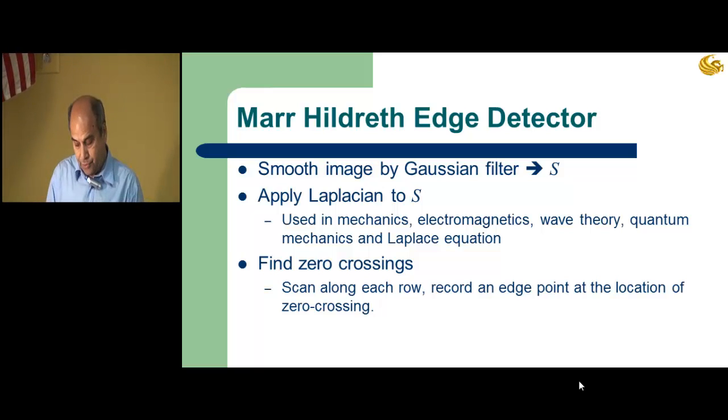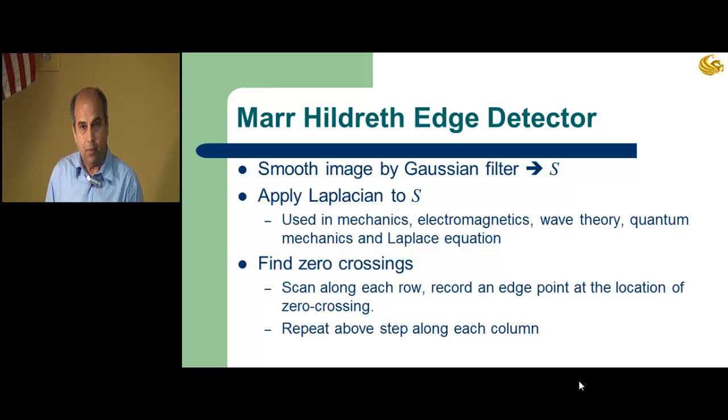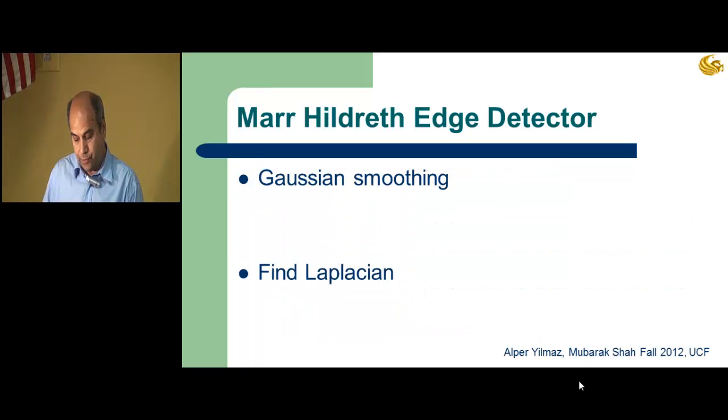Okay. So that's at a high level what the Laplacian of Gaussian edge detector, or the Marr-Hildreth edge detector, will do. The main operations are that we want to smooth. As we were talking about, Gaussian is a very good filter for smoothing, and then we will find the change, and that change is found by using the Laplacian.